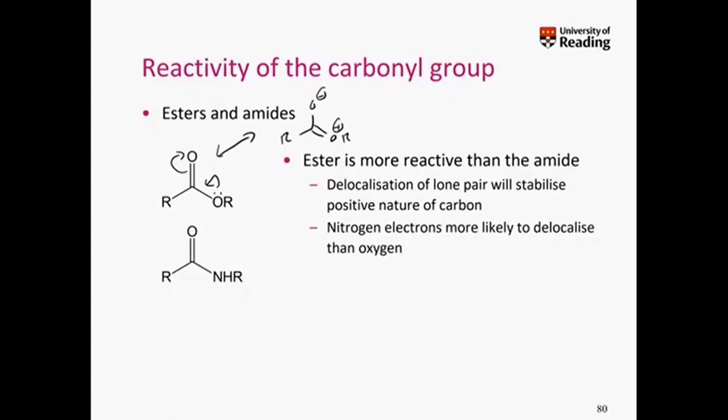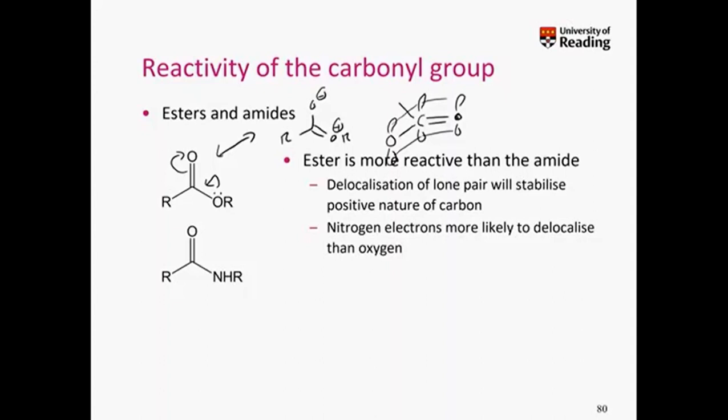And again, if we think about it, here is our carbonyl carbon, and we've got these pi bonds. We've then got this going off to another oxygen here, which has a pi bond. You can see that these can all overlap with each other.